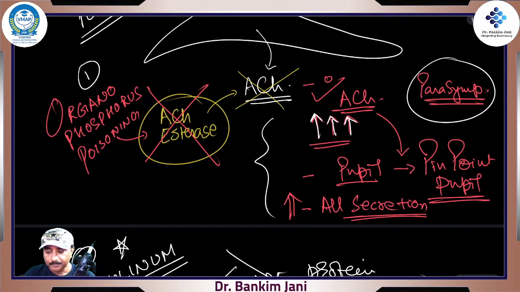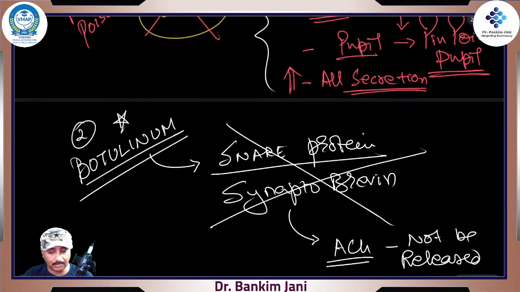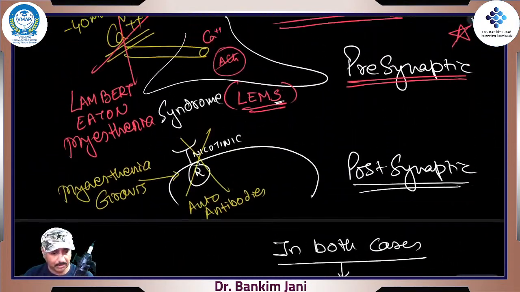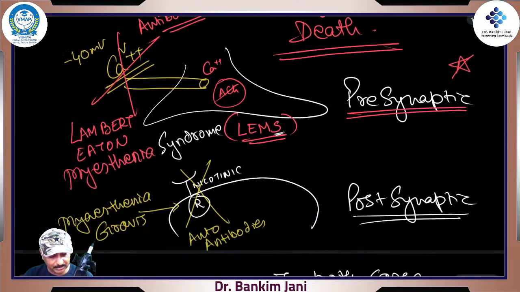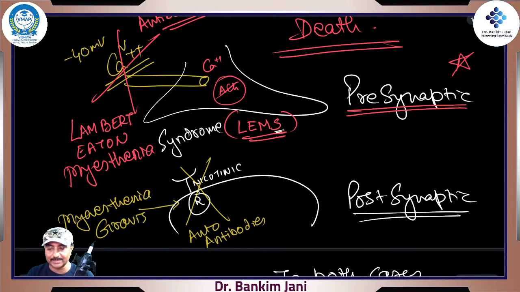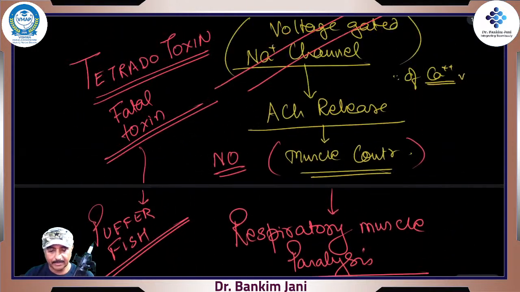Toxicology is so interesting, but all you need to understand is where exactly they are acting. Say, for example, organophosphorus poisoning, or botulinum, or these autoantibodies when they are generated. What exactly are they doing? How is the patient presenting?